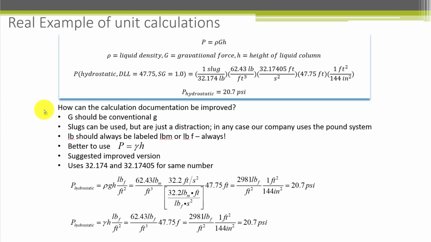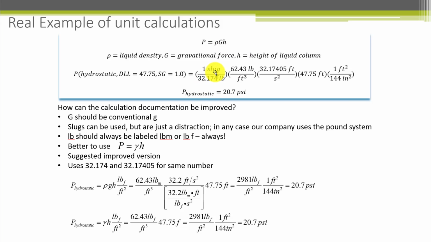Although the calculation is not incorrect, there are some improvements that should be noted. First of all, big G is reserved for Newton's universal gravitational law. Little g is reserved for Earth's gravitational constant, so that should be a little g. You want to stick with convention so you don't confuse people.